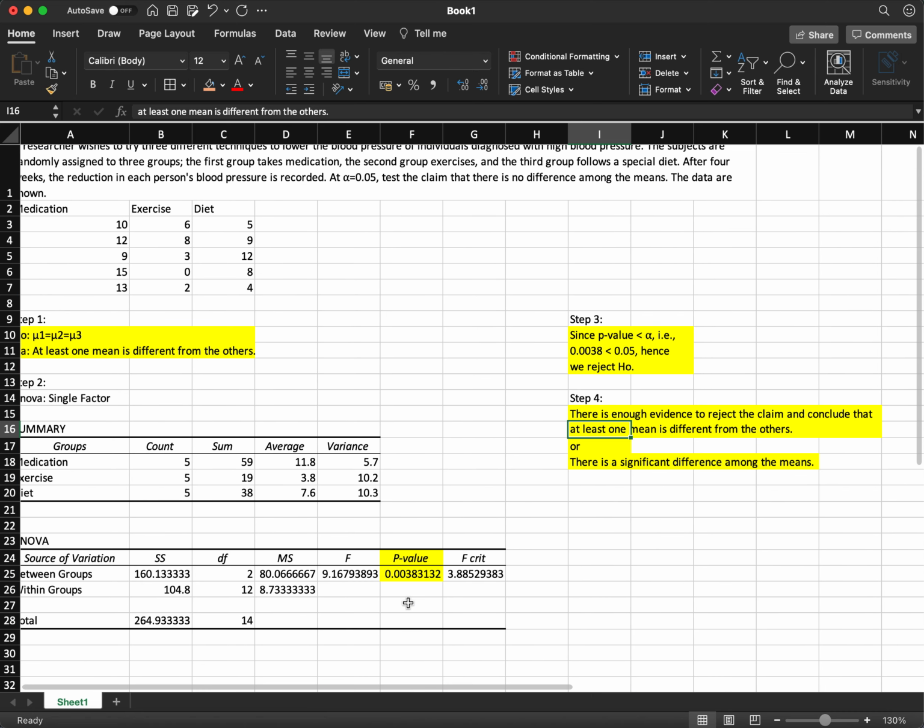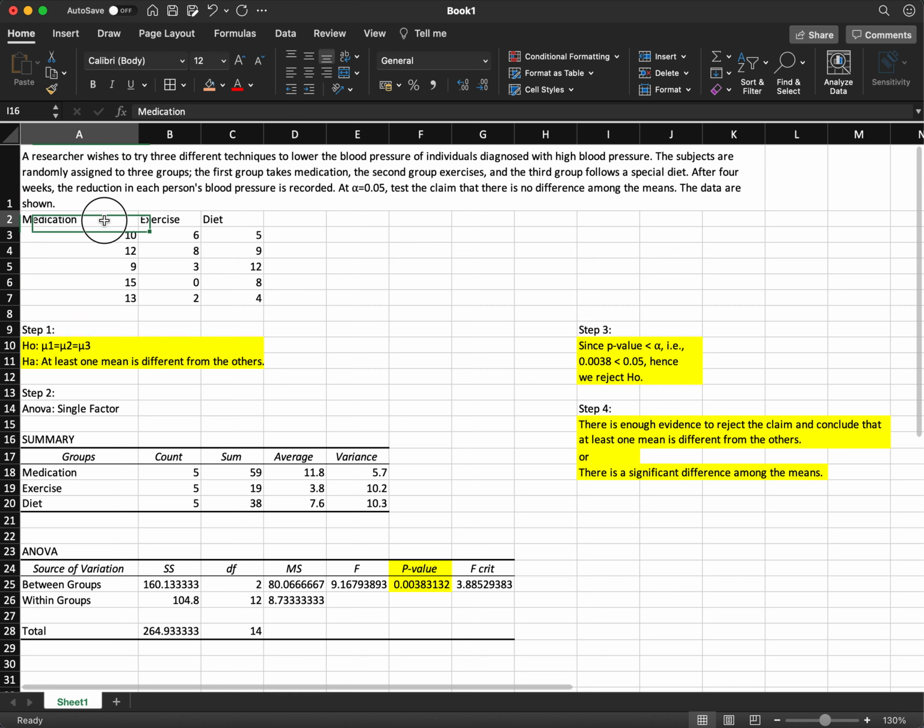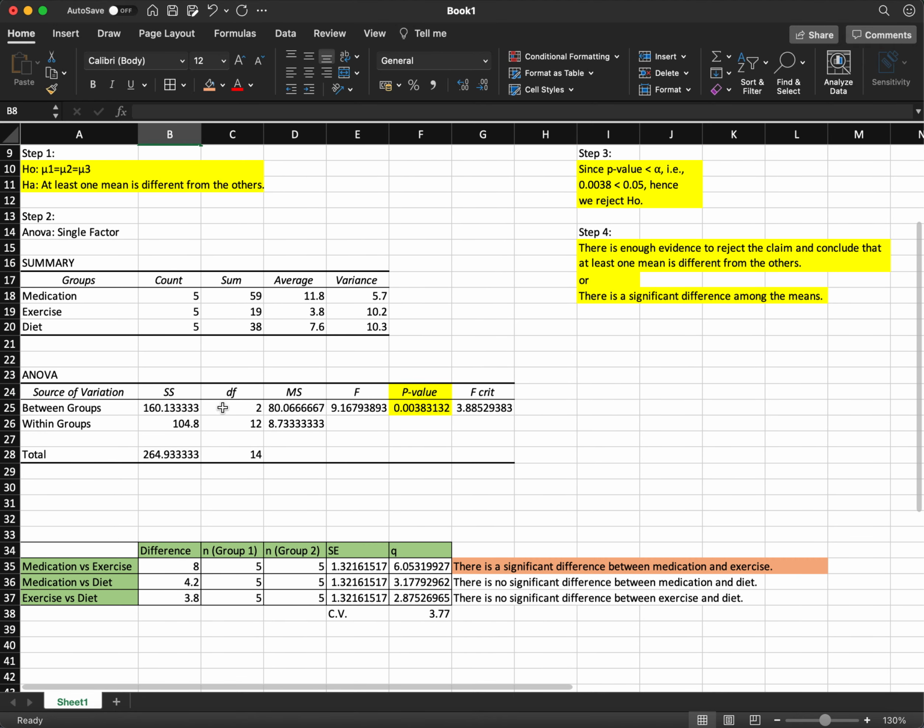That is to say, if we compare medication versus exercise, there is a significant difference when it comes to the difference in blood pressure. It means that if you're going to choose between medication and exercise, medication is much better than exercise. Whereas if we compare medication versus diet, and exercise versus diet, there's no significant difference between them.